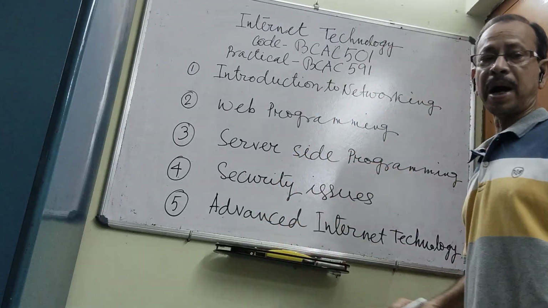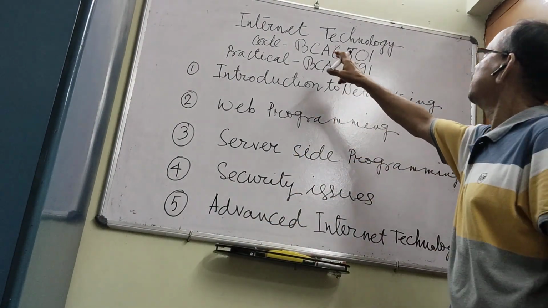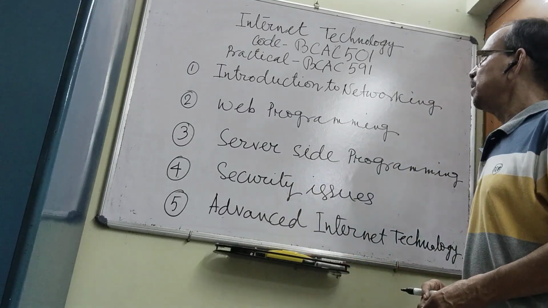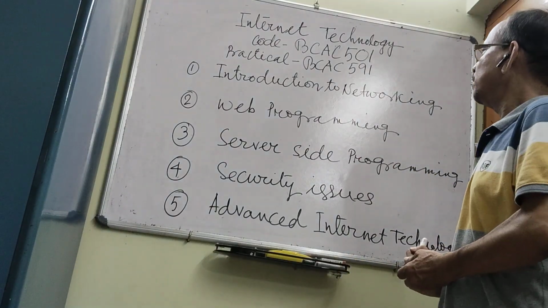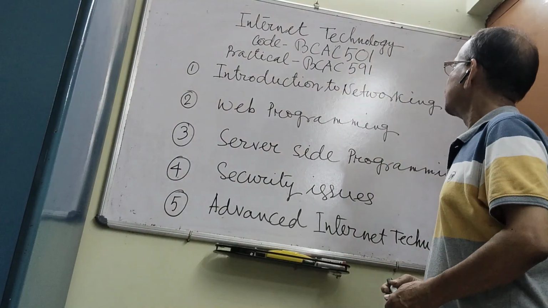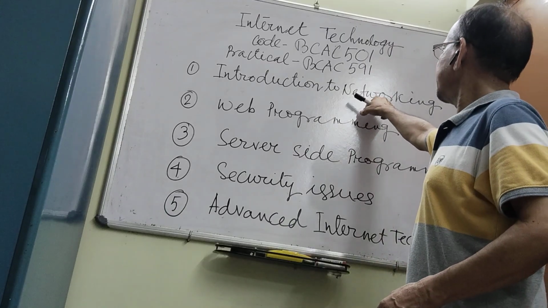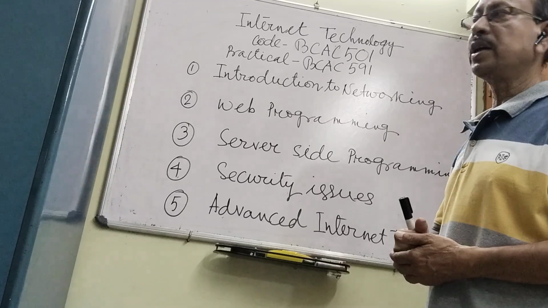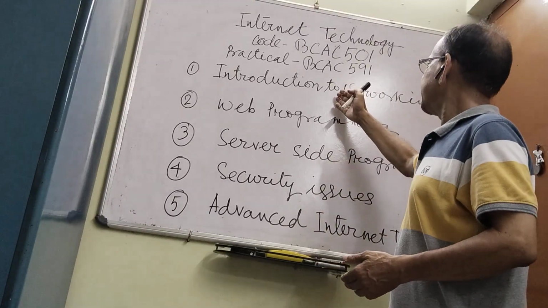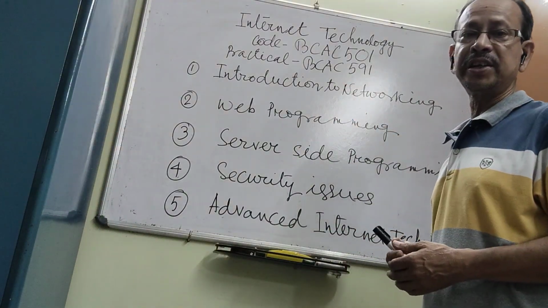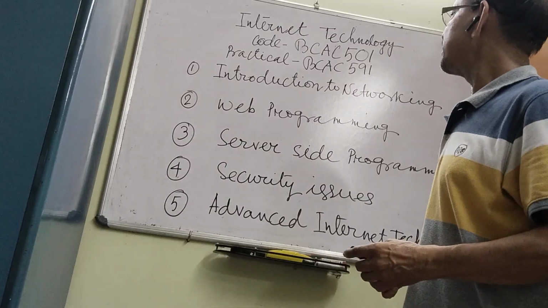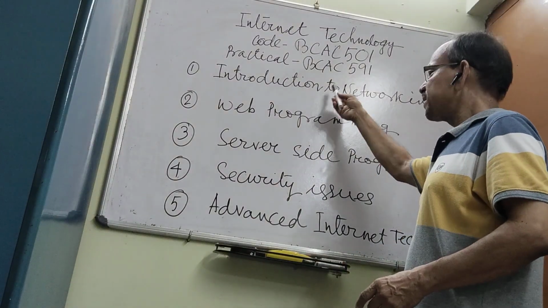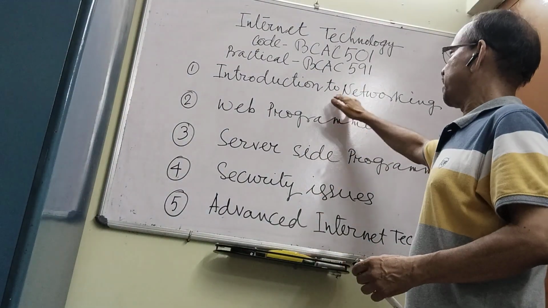So these are the 5 parts under this internet technology. Here mainly we will discuss what is internet, what is network, the history of the network, what is intranet, extranet, what is email, what is DSL, etc.